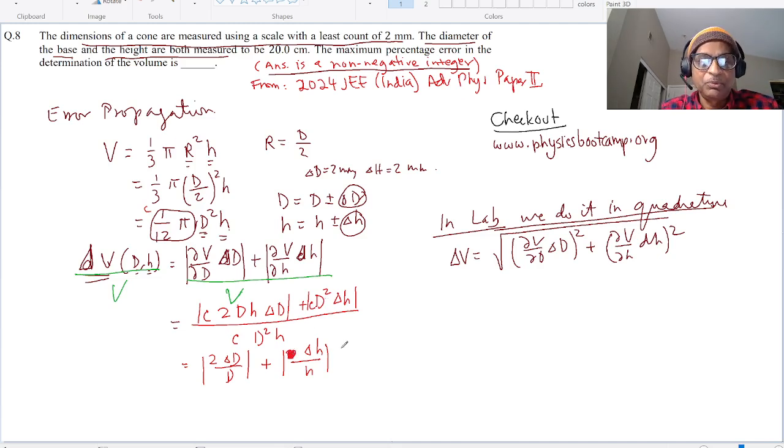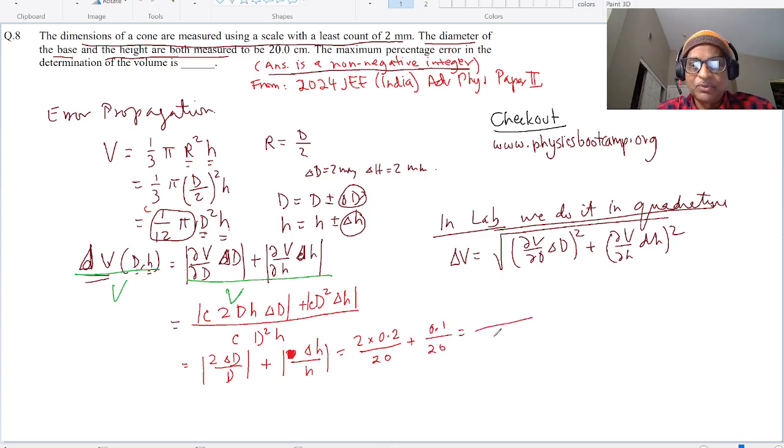And we just have to work out, if I put in the same units now, right? 2 millimeter will be 0.2 centimeter, and that's going to be 0.2 over 20 centimeter, plus 0.1 over 20 centimeter.